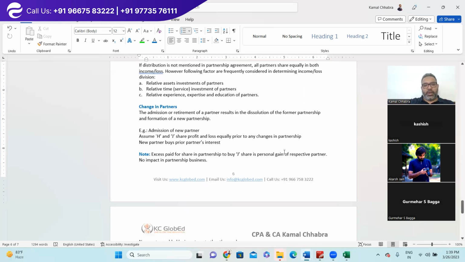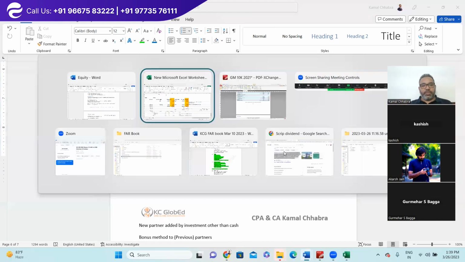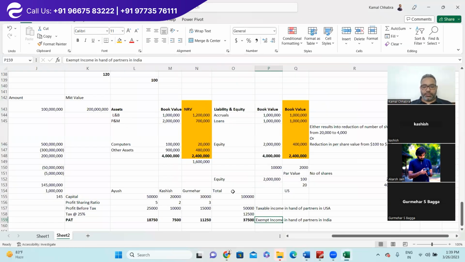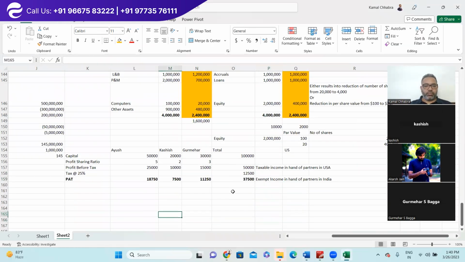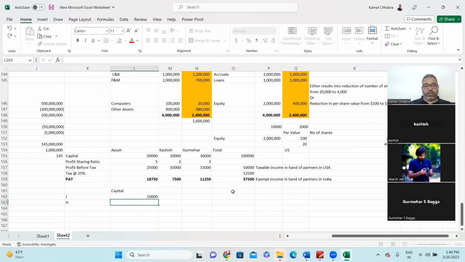So the excess paid for the share in the partnership to buy the J share is the personal gain of the respective partner. For example, let's do this math here. Let's assume J and H both have capital contributed $10,000 and let's say $20,000.